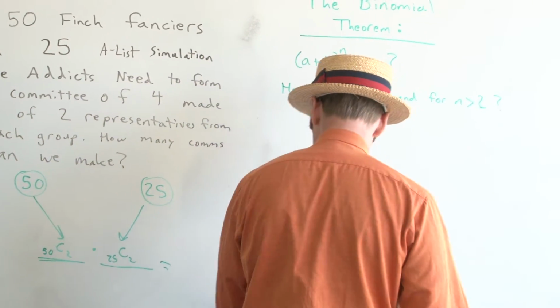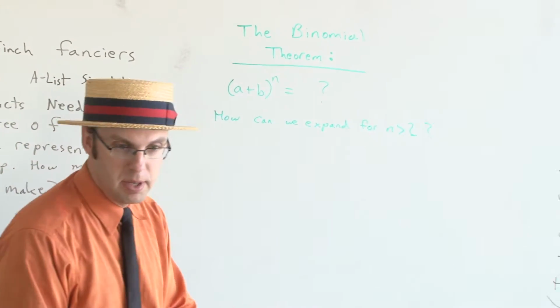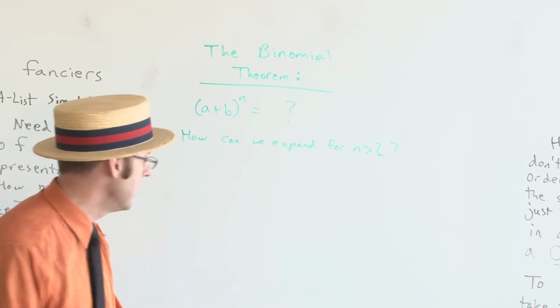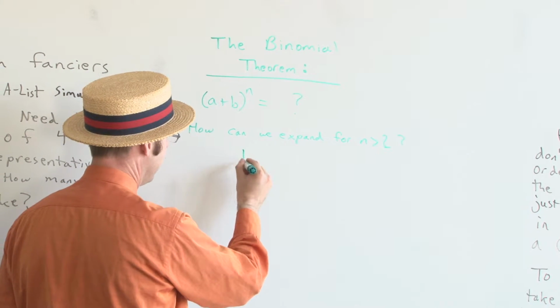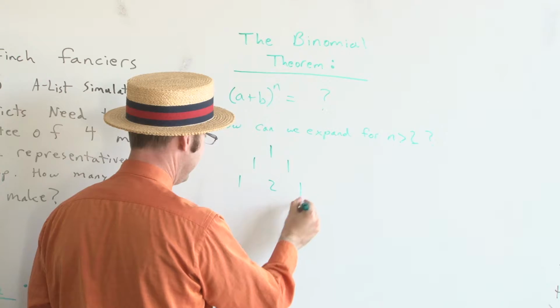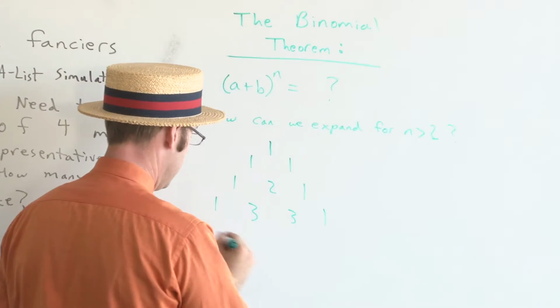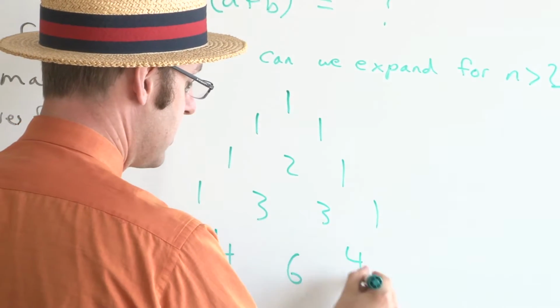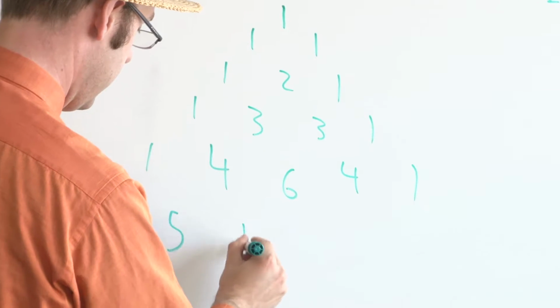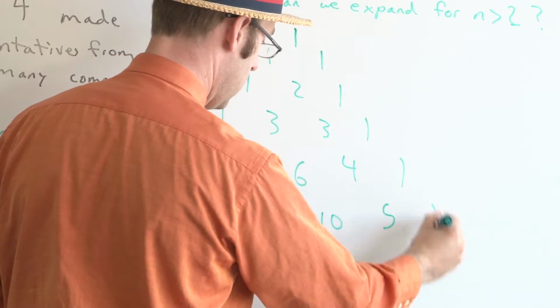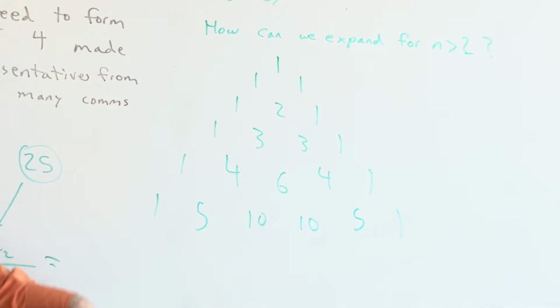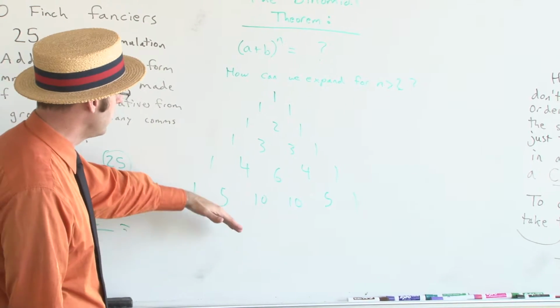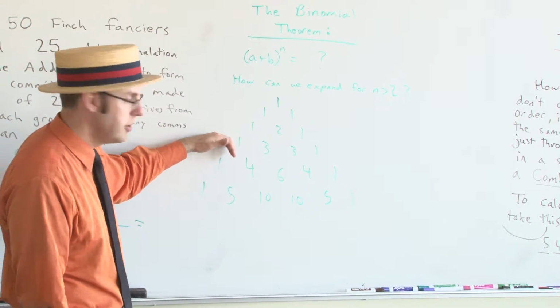So if you did this back in maybe 8th grade, some of you had this, where you had Pascal's triangle, remember? And on and on and on. Each new row is just constructed from the previous row.